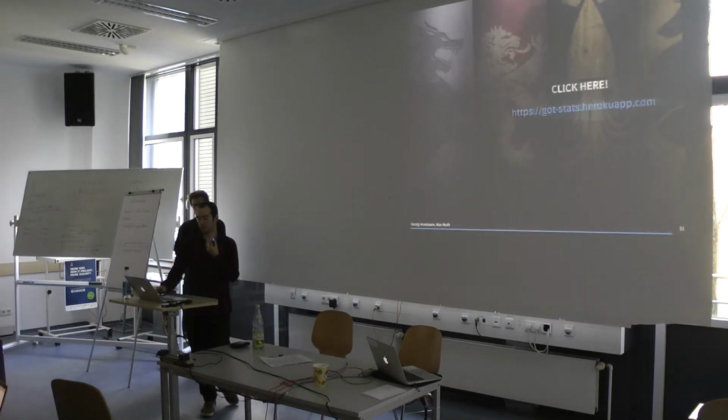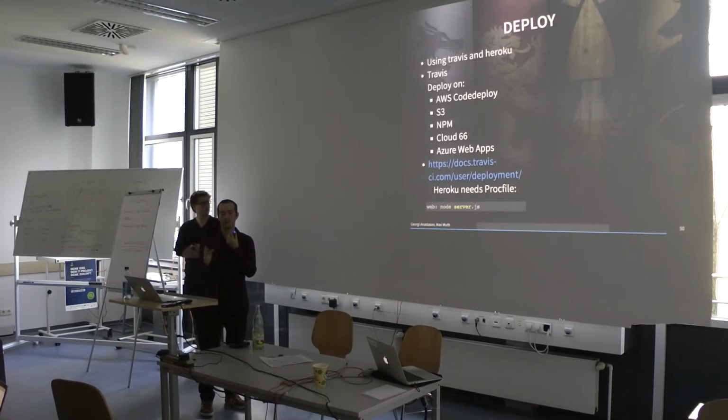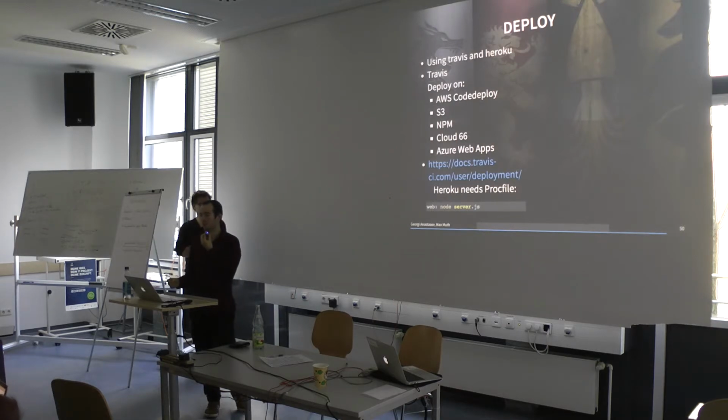There's the code of our Travis file at the bottom, but it's not that important now. And Heroku needs a Procfile where we just say it has to start a web worker and run our server.js, which just serves our compiled and bundled files.